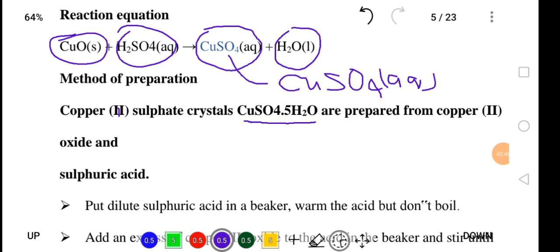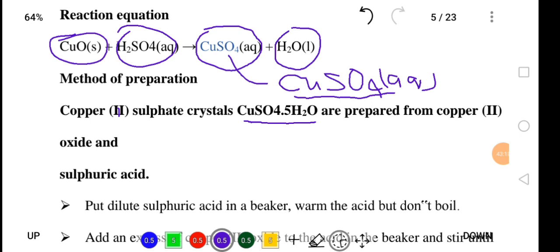Now, we are not going to maintain the color of copper 2 sulfate if we are going to remove all water molecules from the solution. Therefore, we need to prepare a hydrated salt of copper 2 sulfate, meaning in the crystals of copper 2 sulfate, we are supposed to remain with some number of moles of water in the salty crystal.